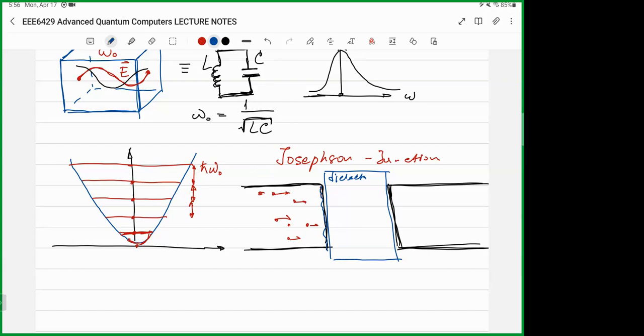But this works for electrons when they are in the fermionic state.